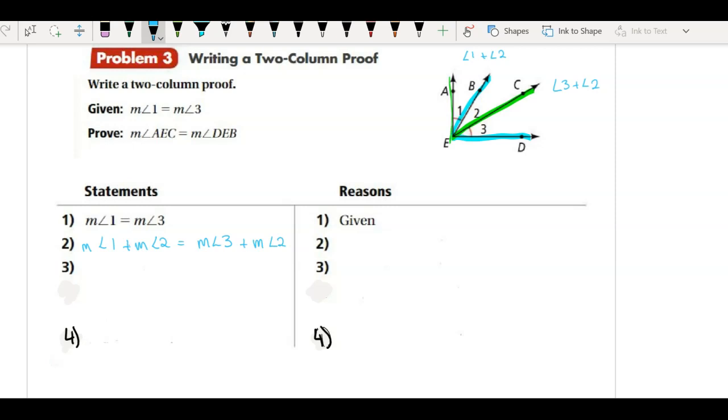And why can I say that? Well, I have angle 1 and angle 3. I know they're equal to each other, and I'm adding the measure of angle 2 to both of those. So I'm adding the same thing. So that is going to be my addition property of equality.